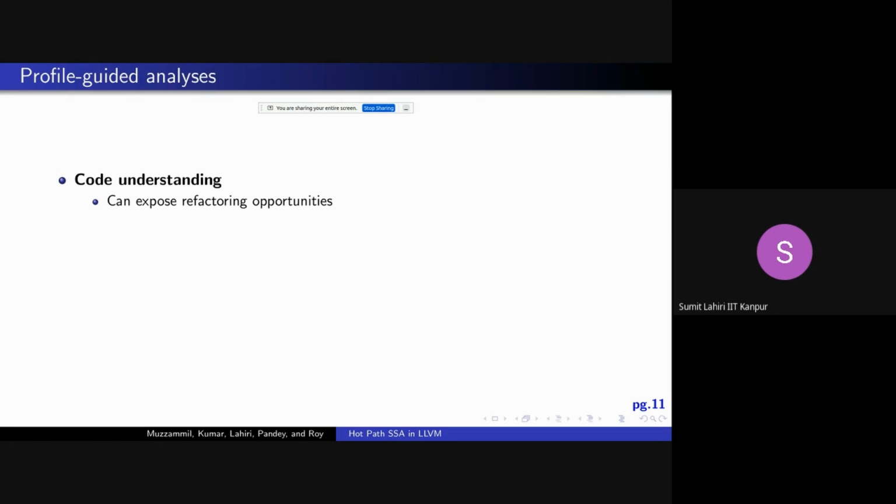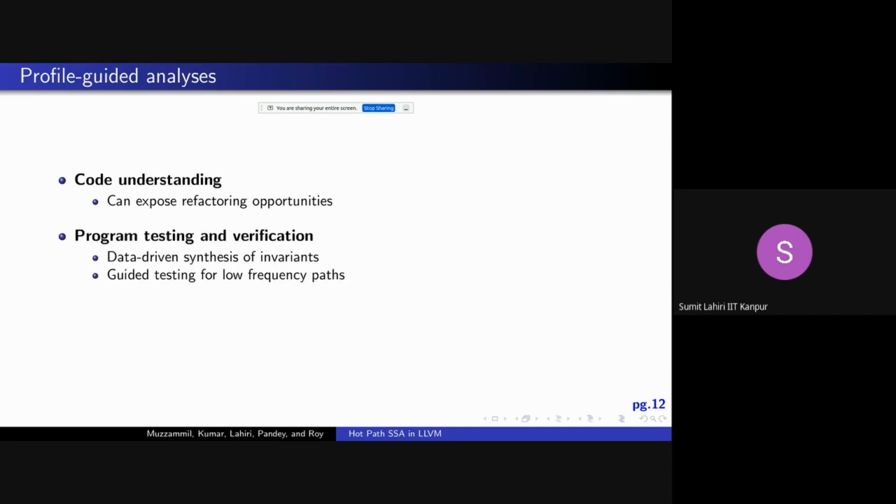Profile guided analysis gives us the opportunity to do some kind of code refactoring. Maybe we have some code that is executed redundantly over some frequently executed path, and in that case we can offload such computations to some other paths.